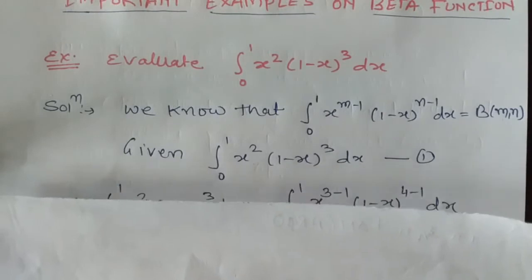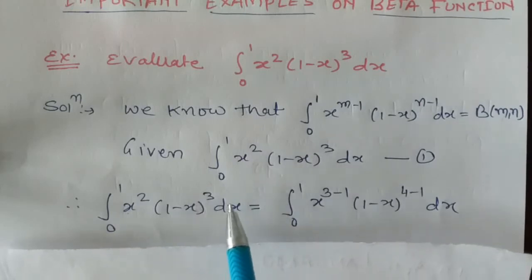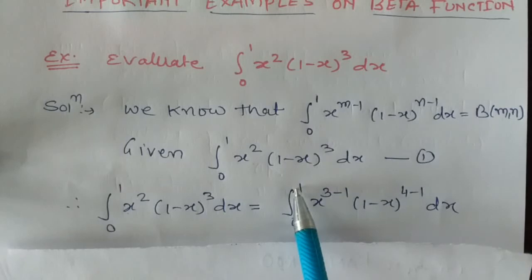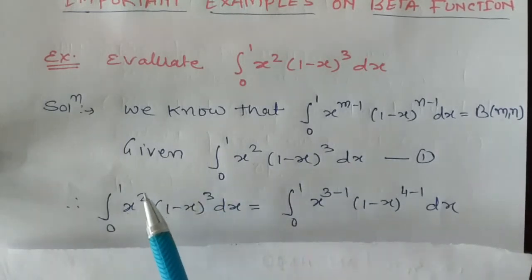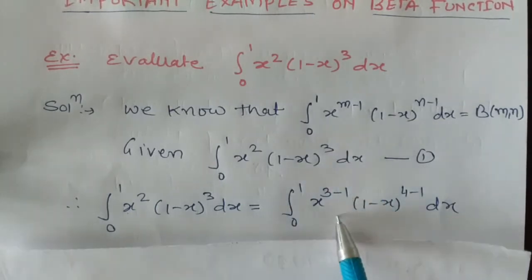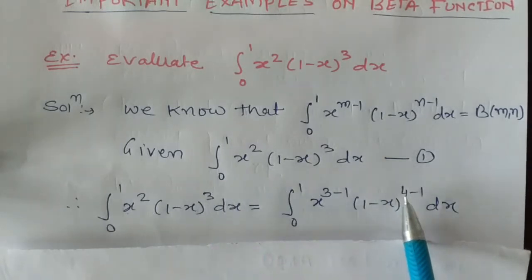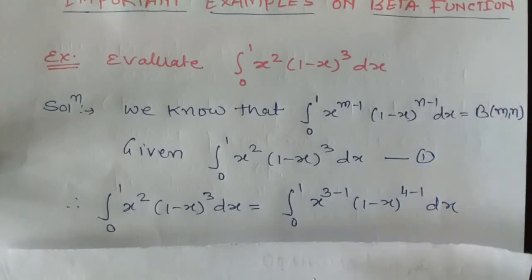The square power we represent as 3 minus 1, like m minus 1, and into (1 minus x) whole cubed, the cube power we represent as 4 minus 1, that is in the form of n minus 1.